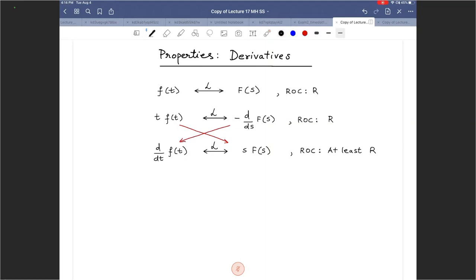For u of t, our region of convergence was real part of s greater than 0, and for an impulse, it was all of s plane. So essentially what this means is when you differentiate the signal in time domain, your region of convergence expands, gets bigger in the s plane.